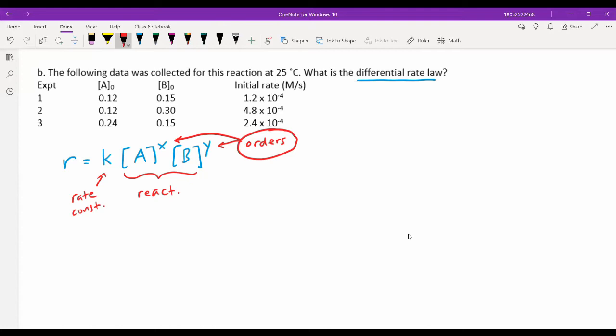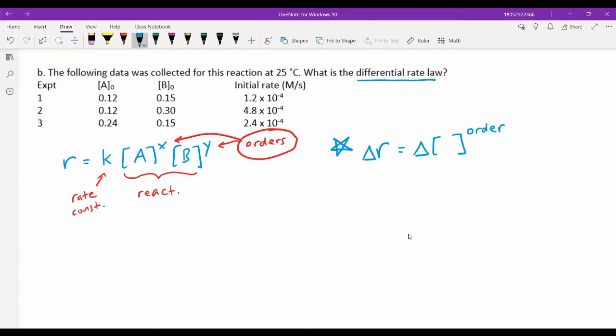Okay, really what it comes down to, kind of the starred short formula, is that you have a change in rate, and that's equal to a change in the concentration of something raised to the order, right? If I could summarize the basic method of doing this, you're trying to figure out, using this quick formula, what the order is.